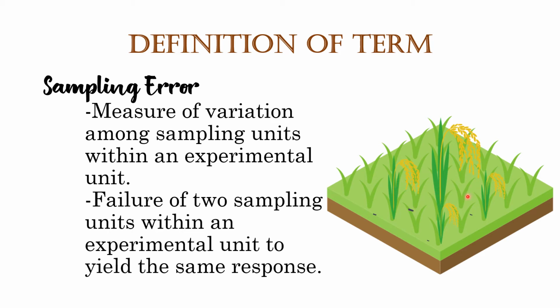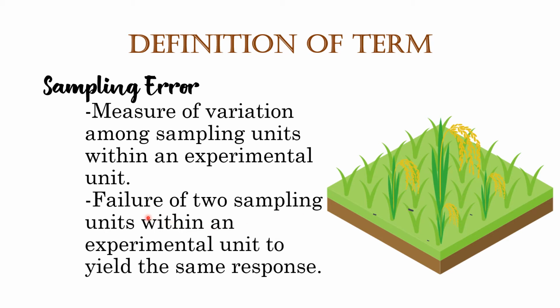The sampling error would be their difference from each other. They are of the same plot, the same experimental unit. However, they have response variables that are different from each other. So the variation of these sampling units is called sampling error.